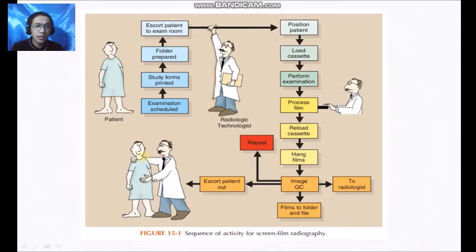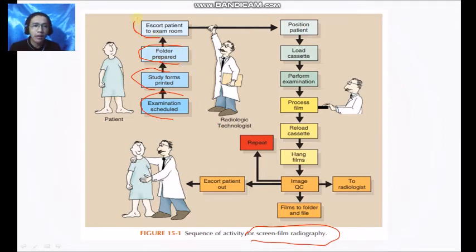This illustration is from the book, the sequence of activity for screen film radiography. The examination will be scheduled, the study forms will be printed, or basically the physician's request, and the folder will be prepared by the radtech.